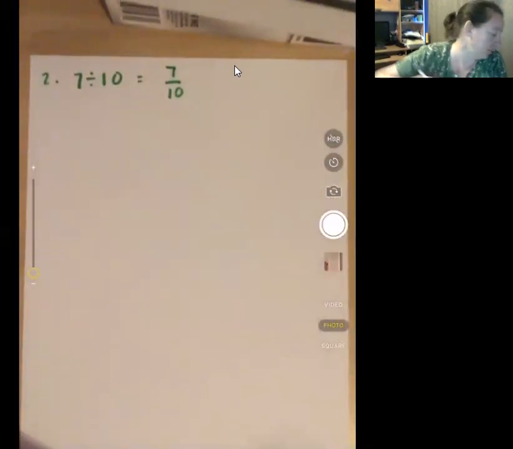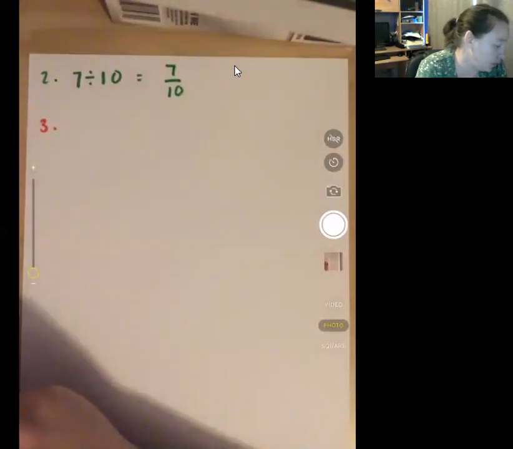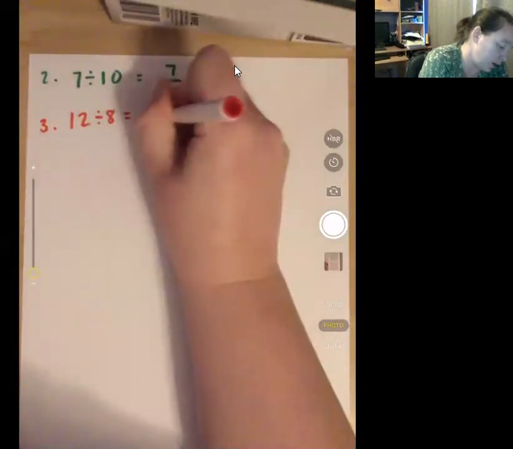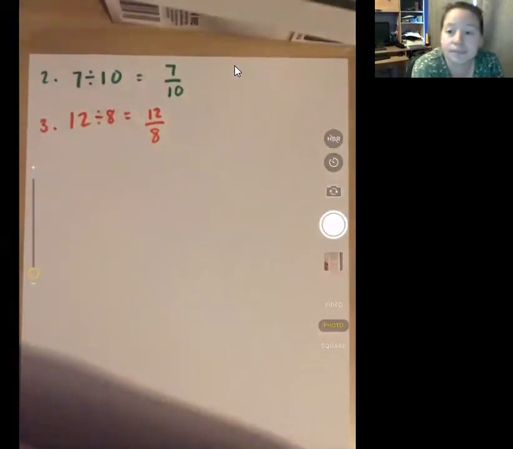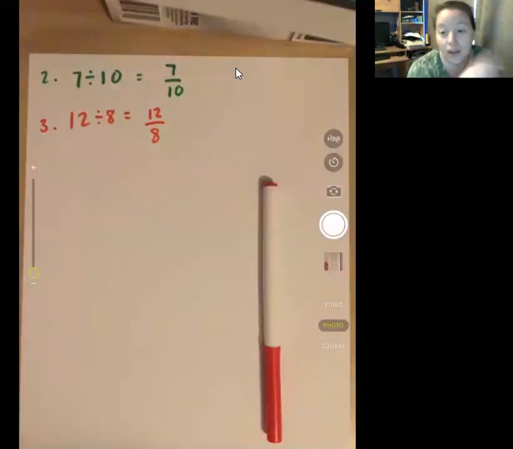Number three, 8 friends share 12 burritos equally. How many burritos does each friend get? 12 divided by 8 is equal to 12/8. You see? Okay, so then we can divide out. The fact of the matter is you have a choice here.